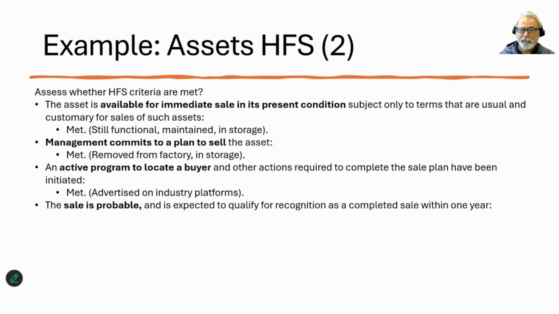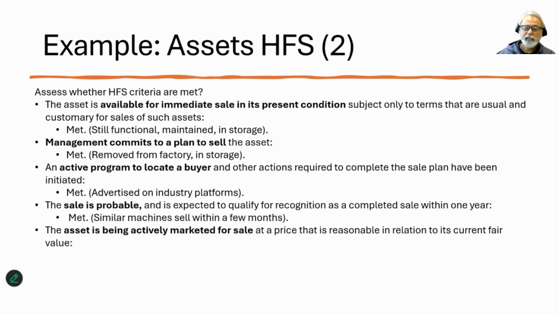The sale is probable and it's expected to qualify for recognition as a completed sale within a year. That's met because similar machines typically sell within a few months based on the facts provided to us. The asset is being actively marketed for sale at a price that's reasonable in relation to its current fair value. This is met because the asset is being advertised for $75,000.